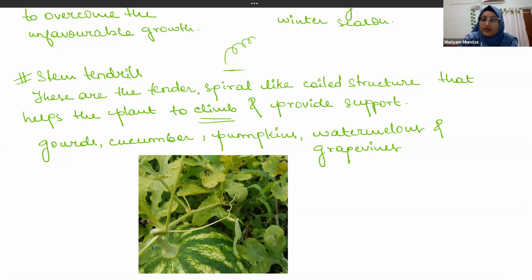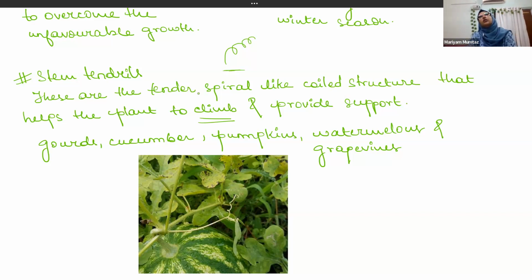And those tendrils which are present in the climbers are a modification of stems. Tendrils are the modification of stem. And they are present in climbers. So they are spiral coil-like structures that help the plant to climb and provide support.